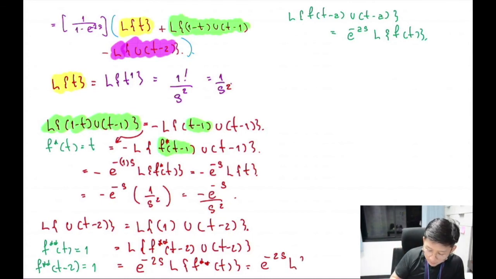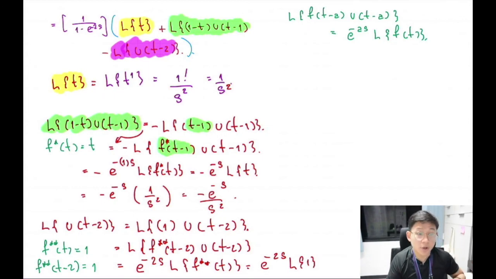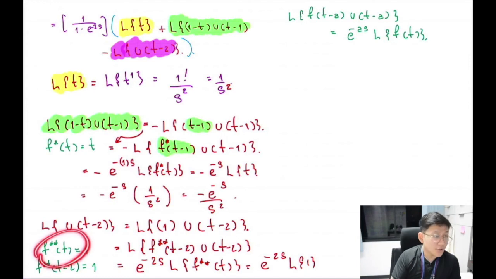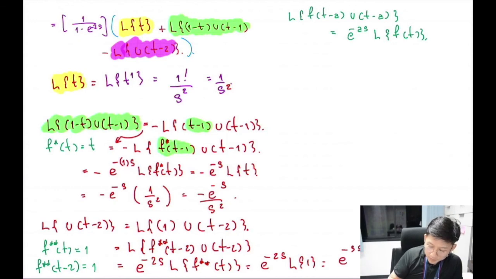That will be the Laplace transform of 1, since f double star of t is 1. If you look at the table, the formula gives 1 over s.